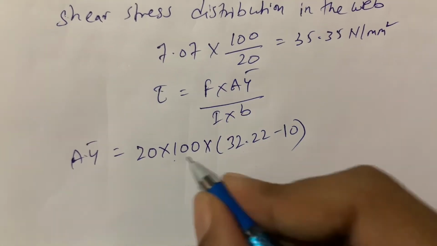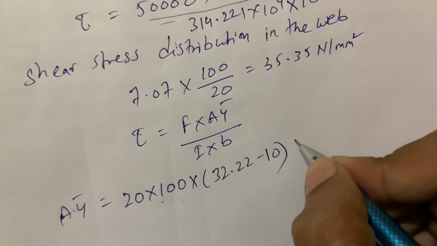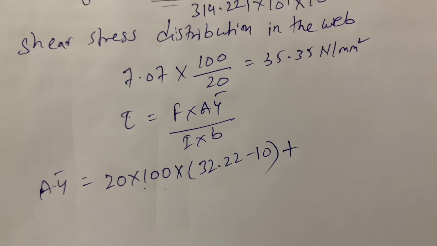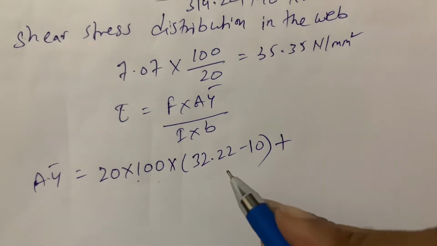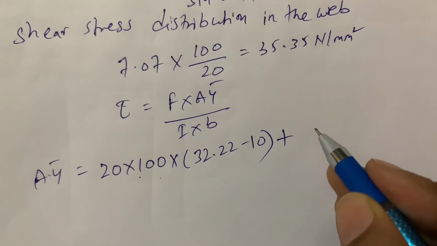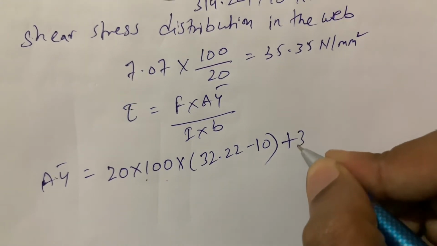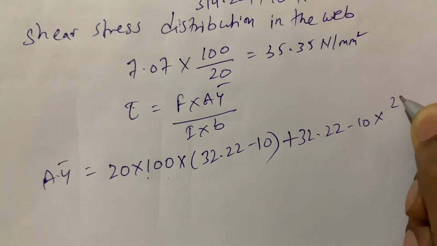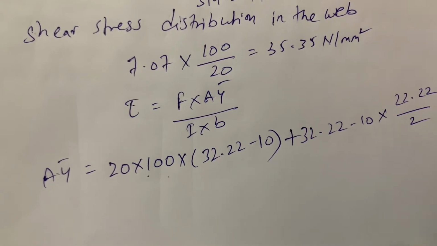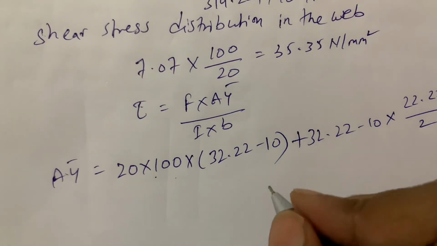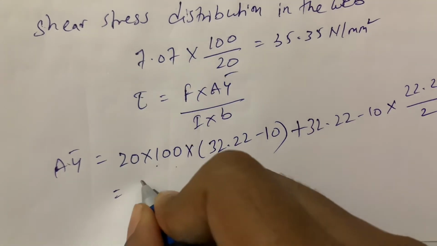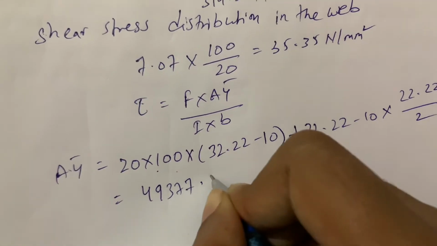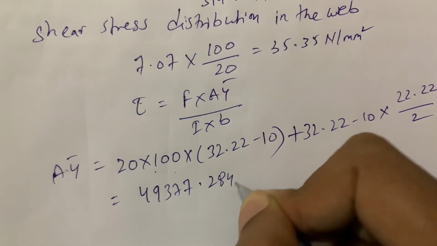That is A and y bar, plus the moment of area of the web about the neutral axis. This one is the flange, and again we calculate the web one: (32.22 minus 10) into 22.22 by 2. Okay. So I got 49377.284 mm cube.